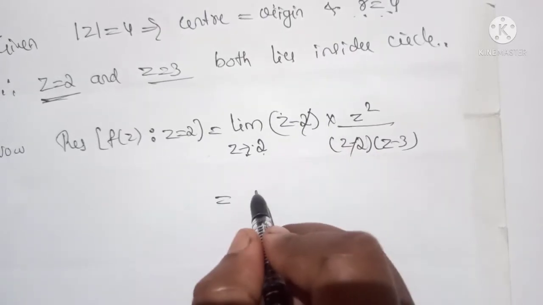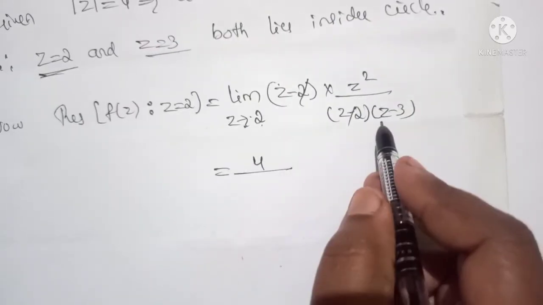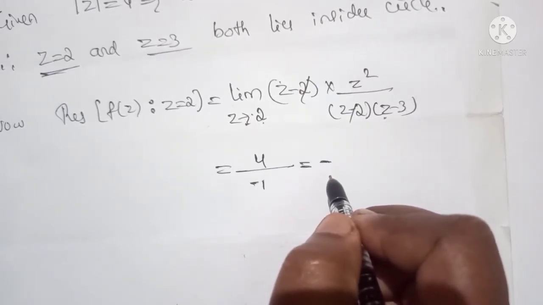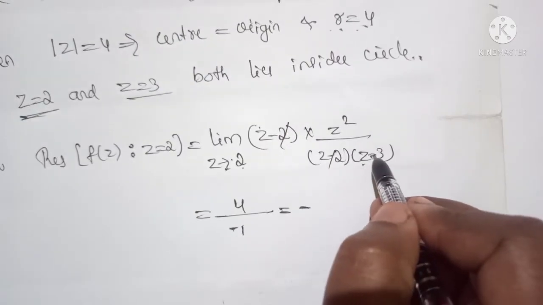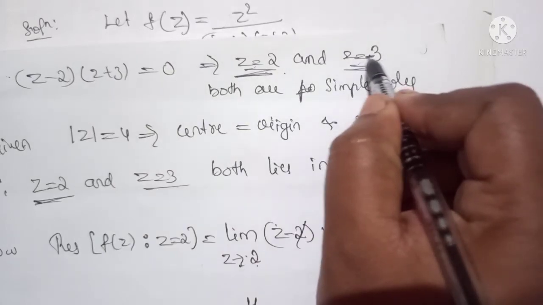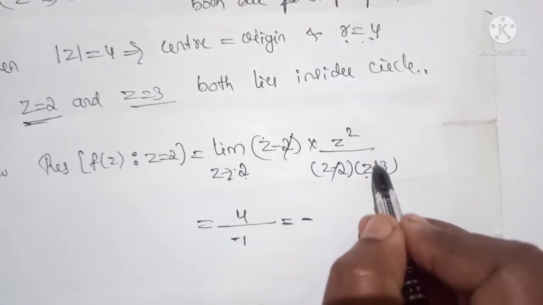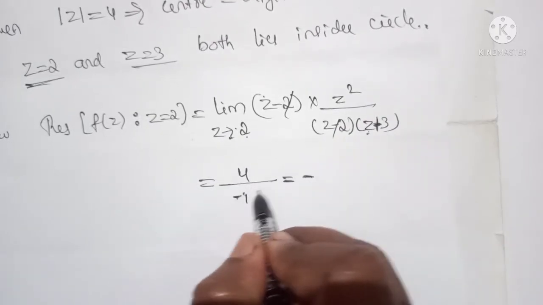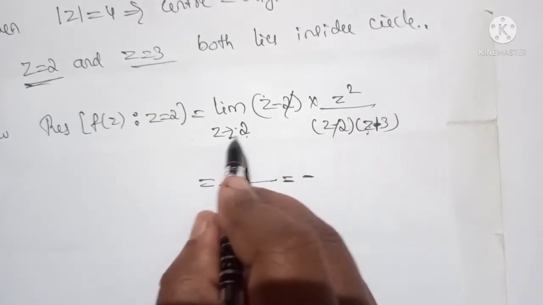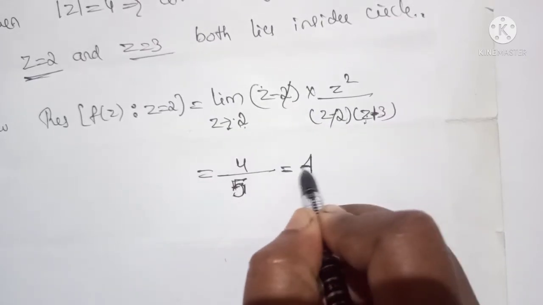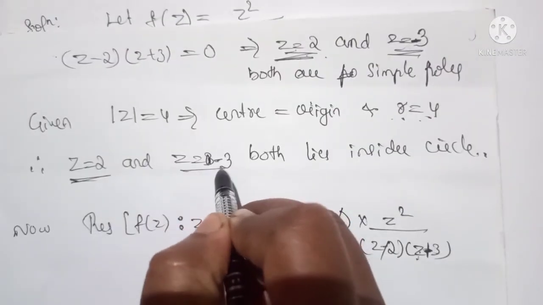Substituting z equals 2, we get 4 divided by (2 plus 3), which is 4 by 5. Here also you make it as z equals minus 3.